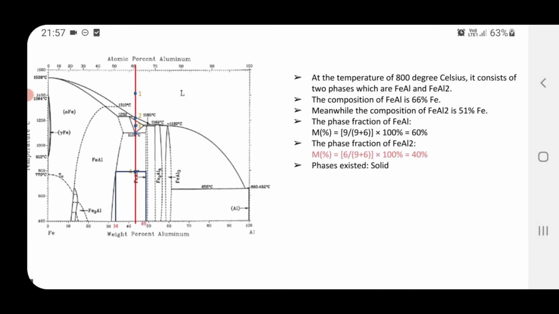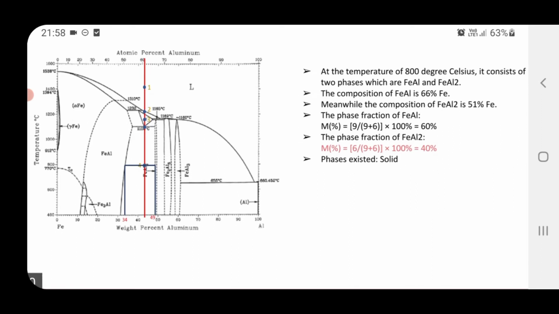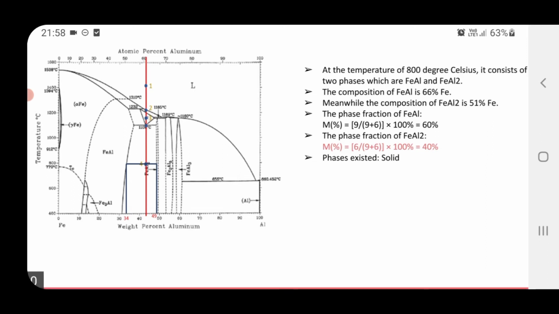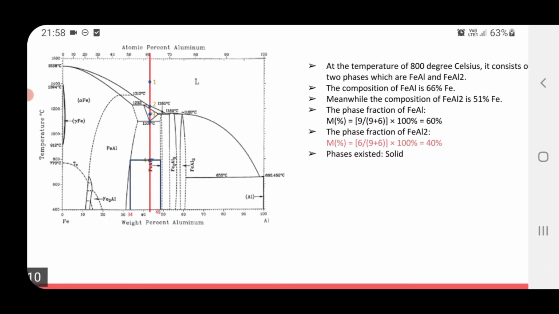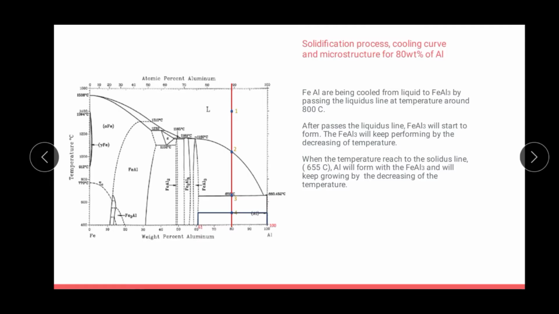The phase fraction can be calculated by 9 over 9 plus 6, which is composition over total mix times 100%, which will give 60%. For the phase fraction of FeAl2, we use the same equation, and we will get a mass fraction of 40%, and the phase exists as solid.